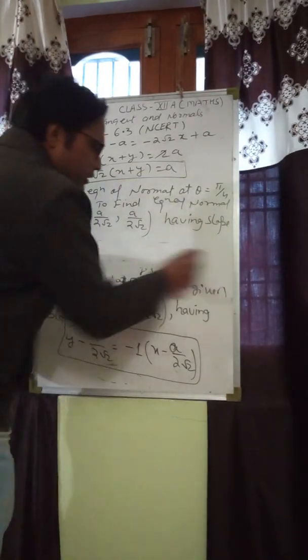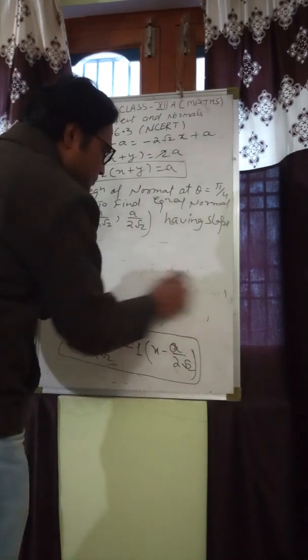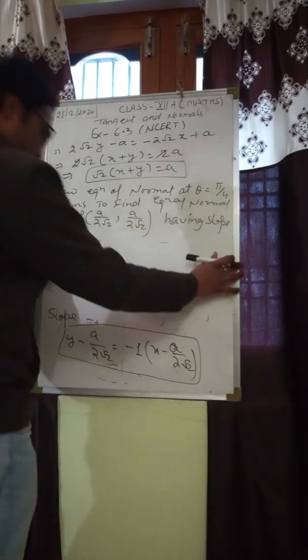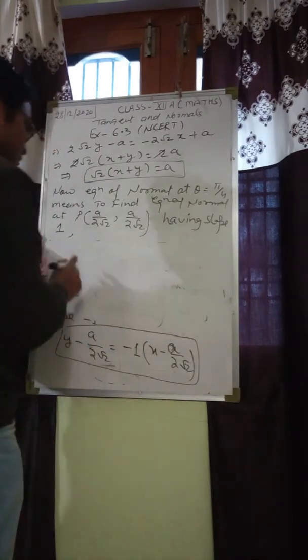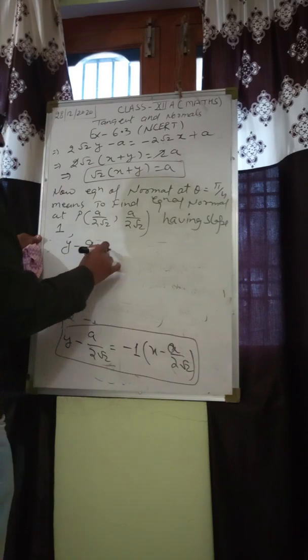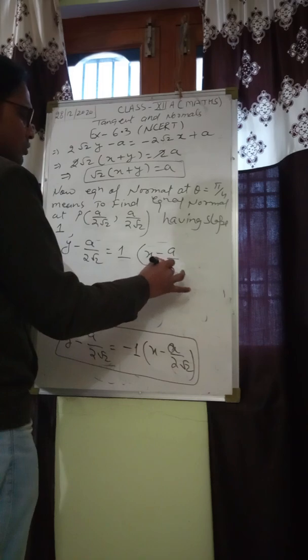It is given by y minus y1, that is y minus a upon 2 root 2, is equal to m times x minus a by 2 root 2.